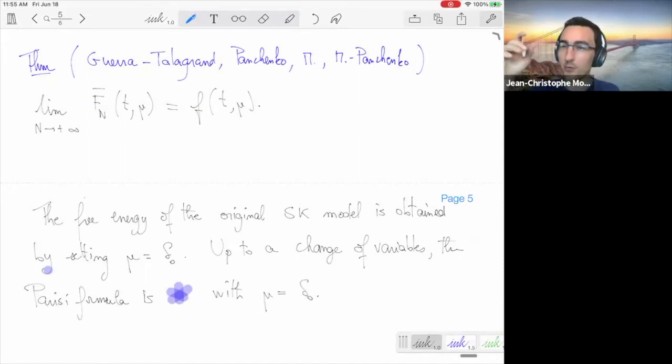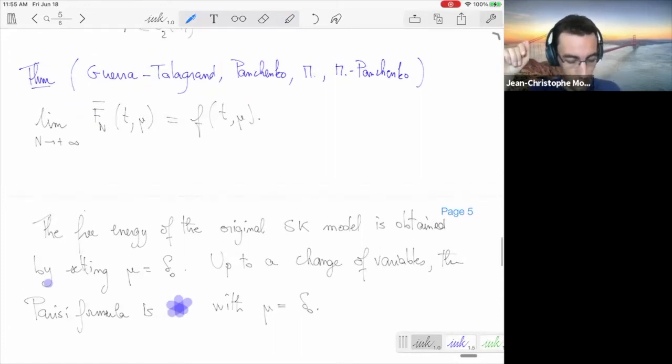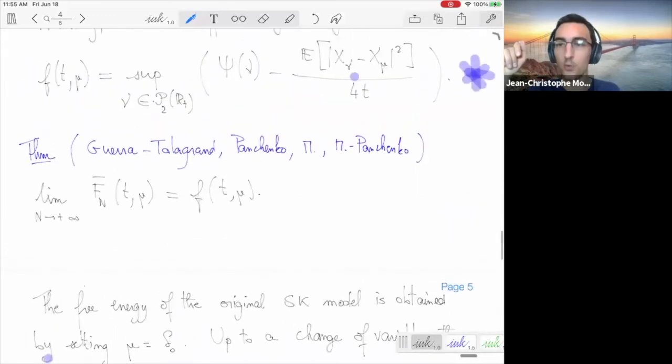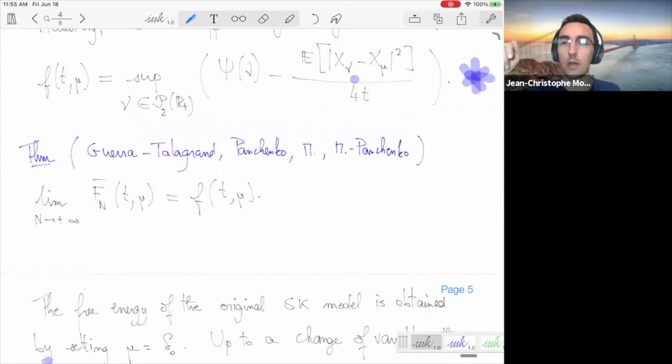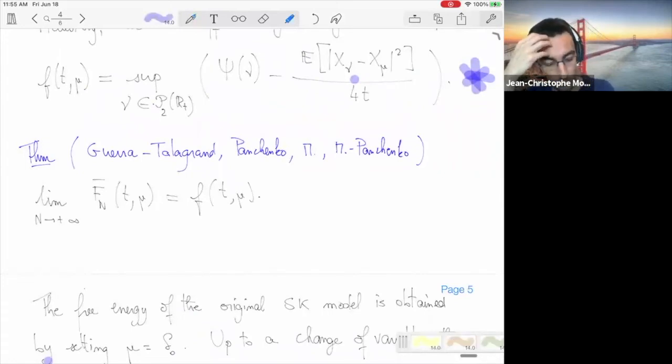And perhaps it's also reassuring a little bit because if you have come across the Parisi formula, you've probably noticed that there is no talk about monotone couplings between random variables and so on. So what is going on? When you set mu equals Dirac at 0, the variable x mu is just 0.